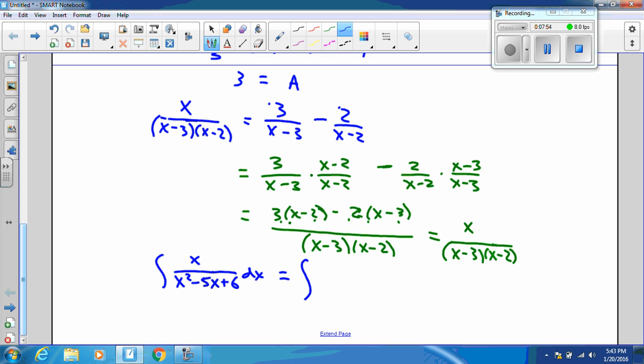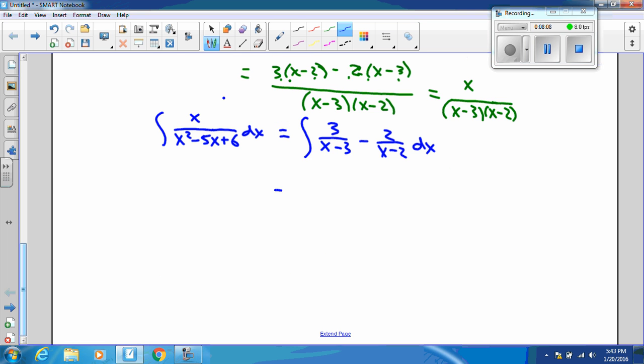So then I might try a partial fraction decomposition. Suppose that I take this x over x squared minus 5x plus 6, and I discover that it is exactly equal to 3 over x minus 3 minus 2 over x minus 2. Well, in that case, I can integrate term at a time easily and get 3 natural log of x minus 3 minus 2 natural log of x minus 2, and I'm done.